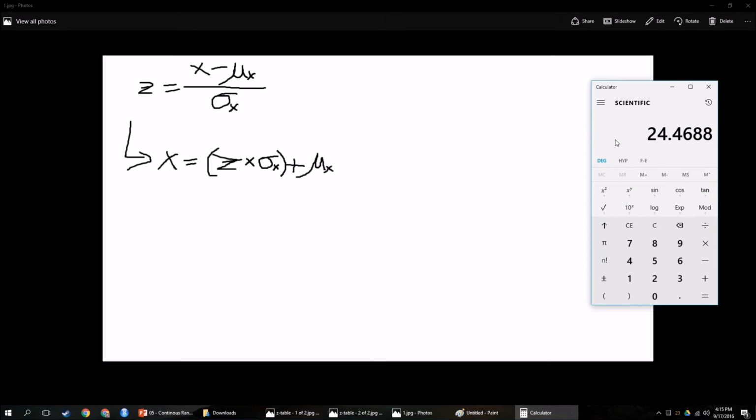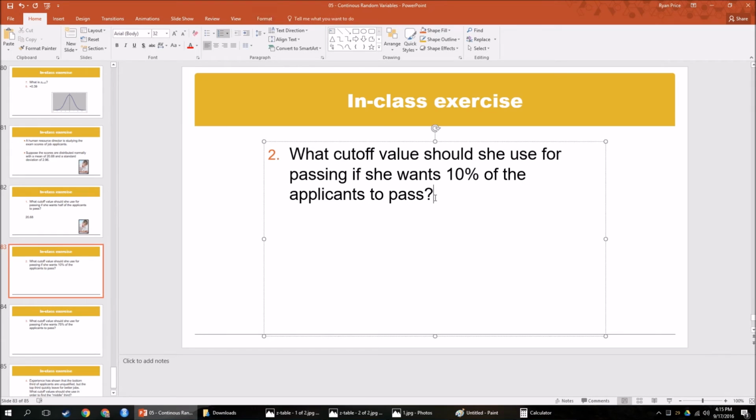Plugging in my z here, and then plugging in my sigma and my mu, I get 24.47. 24.47 is the passing score I should set if I want only 10% of the applicants randomly taking the test to pass. Okay? That's how you get to a critical value of x by backing out the probability from a z table, de-standardizing the z, and then finding your x value.